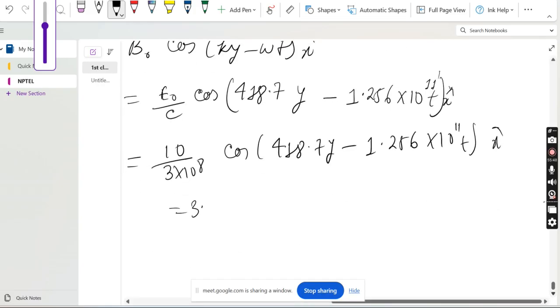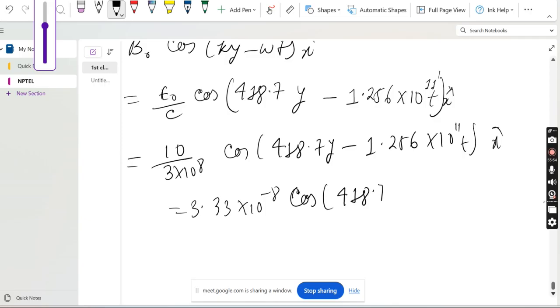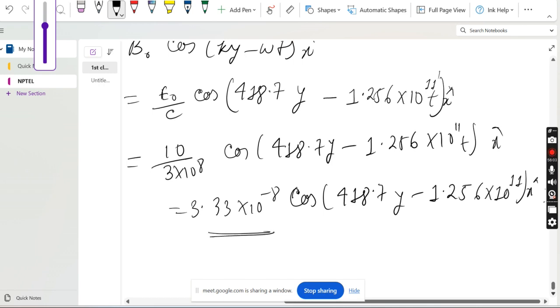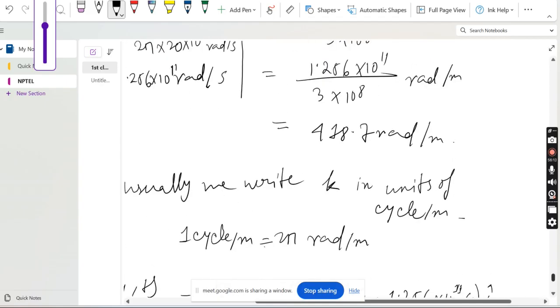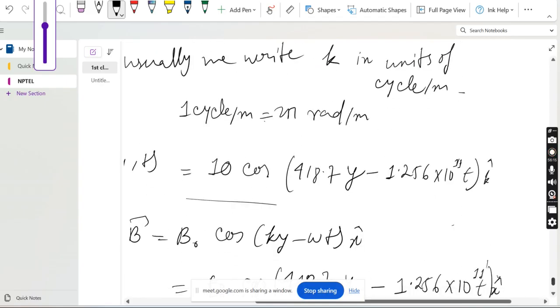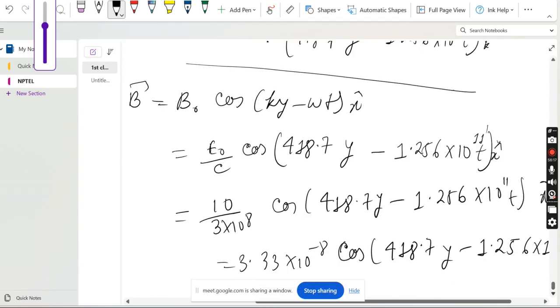So this will be 3.33 into 10 to the power minus 8 cos of 418.7 y minus 1.256 into 10 to the power 11 t. That will be the magnetic field. So this is the electric field, and this is the magnetic field.